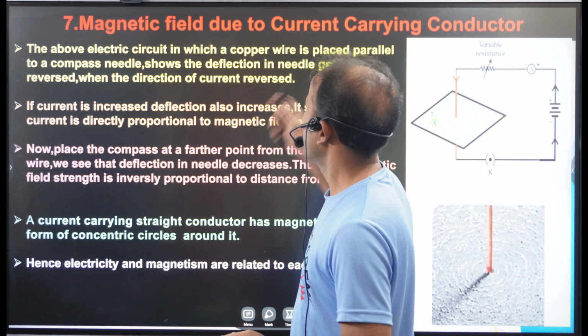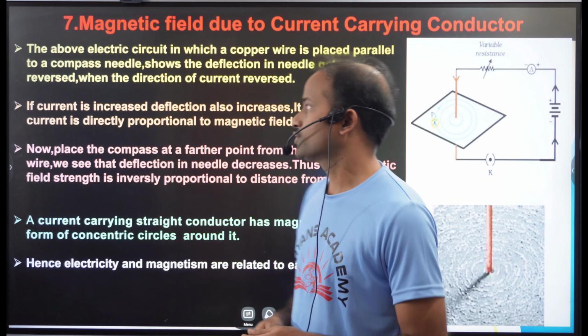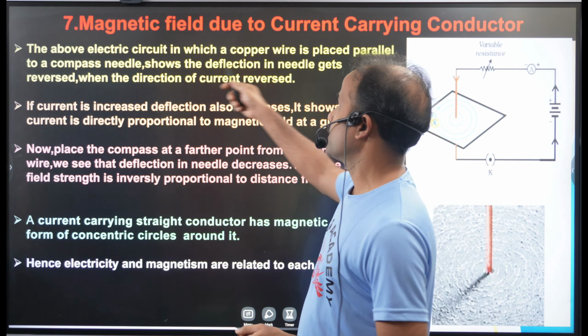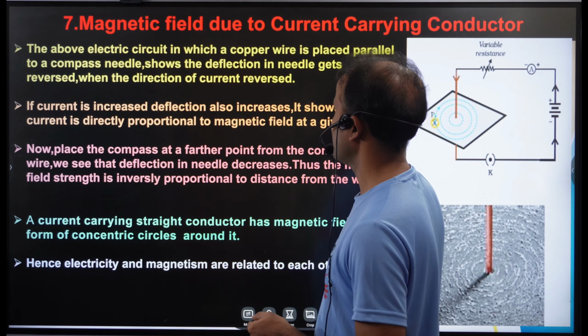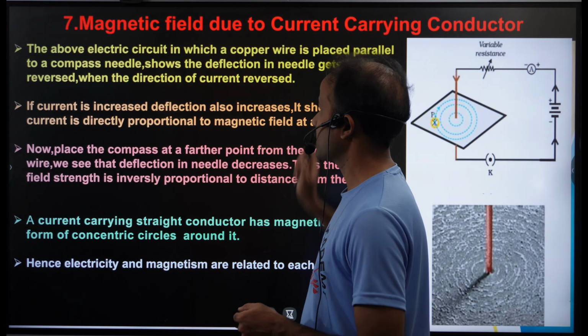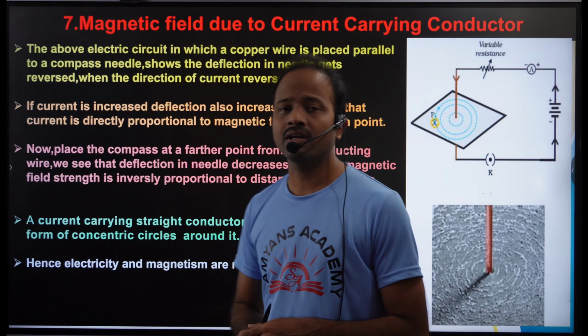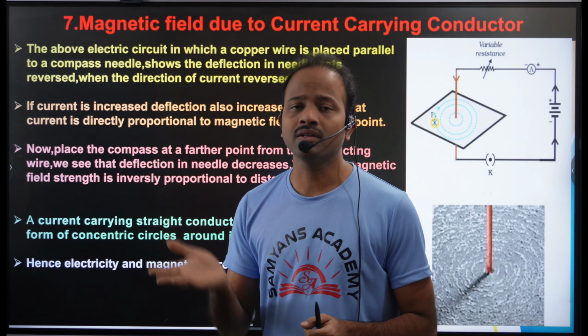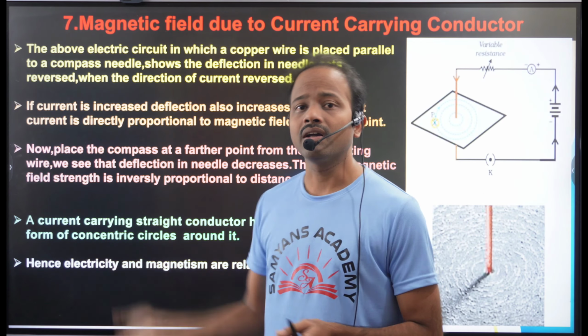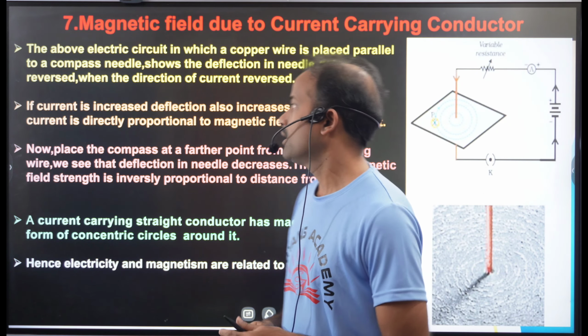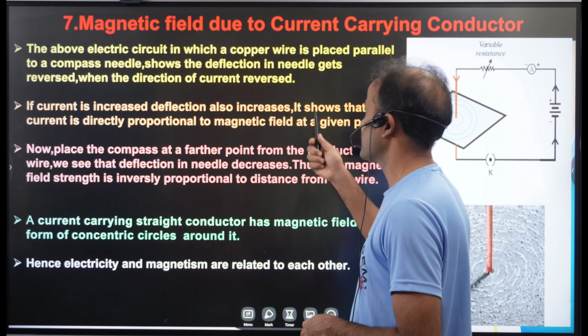So when you summarize all these points, we can conclude that in the above electric circuit, in which a copper wire is placed parallel to the compass needle, the deflection in the needle gets reversed when the direction of the current reverses. Now if the current is increased, the deflection also increases.